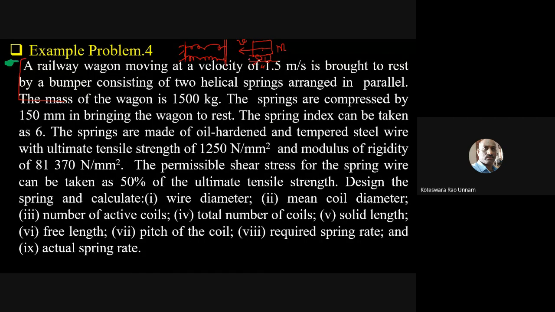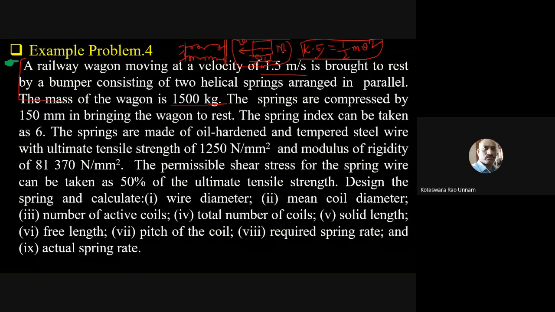Since the wagon is coming with some velocity, it has kinetic energy, because the mass is moving with a velocity. The formula for kinetic energy is half m v square. Mass is given to you, 1500 kg, and velocity is also given, 1.5 meters per second. So you can compute the kinetic energy.